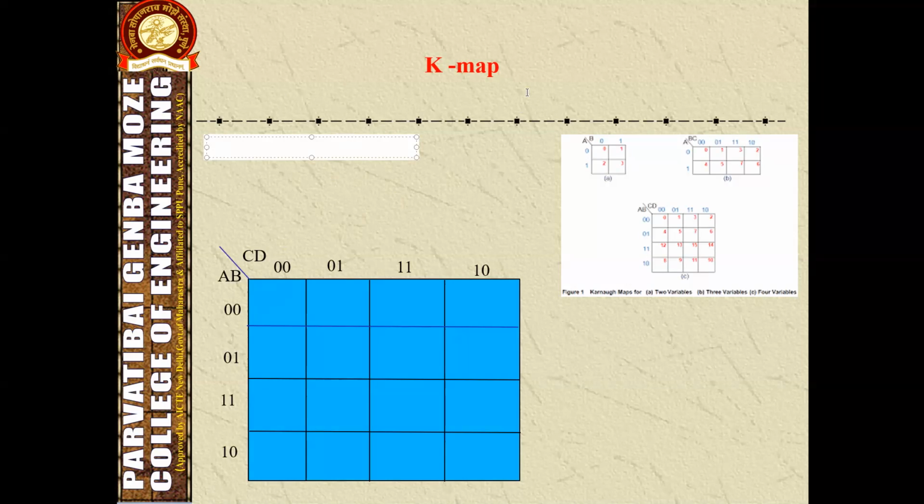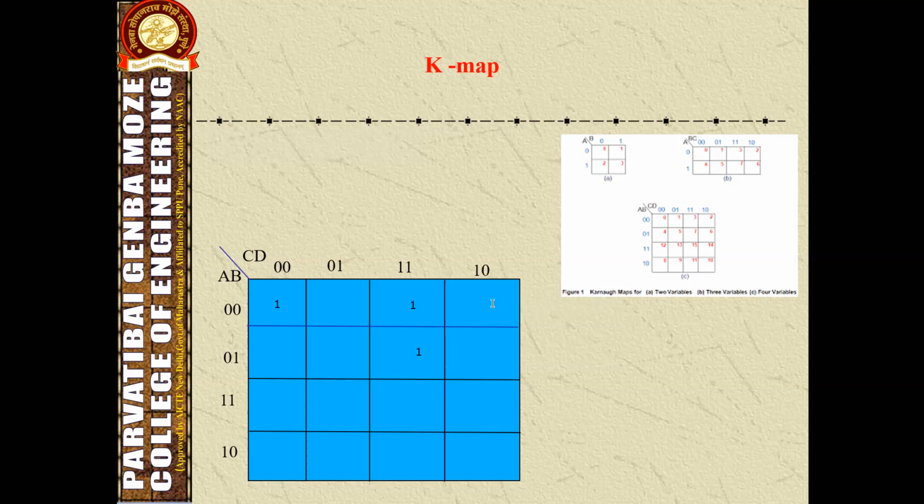This K-map has the value 1 in these cells.